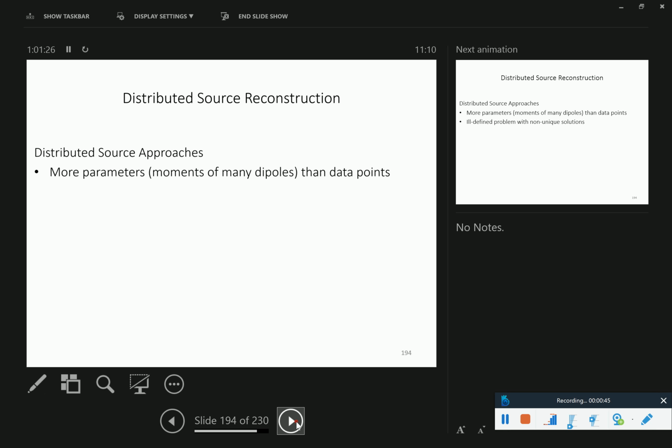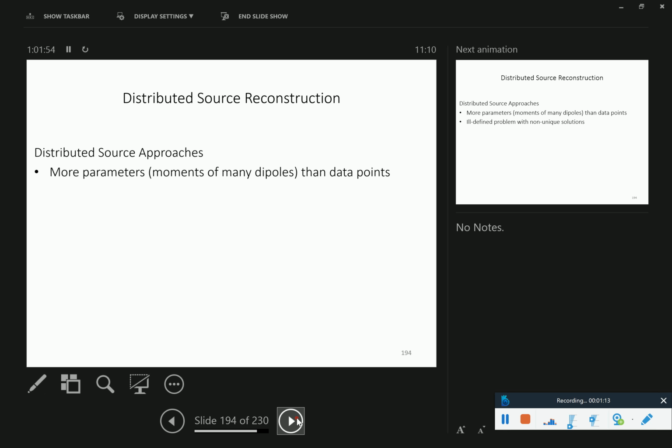So in this case, of course, depending on the resolution, you can easily imagine that there are many more parameters than data points, meaning that for each dipole you have 3 parameters, namely the 3 moments, and you only have at a given time point, let's say 64 values.